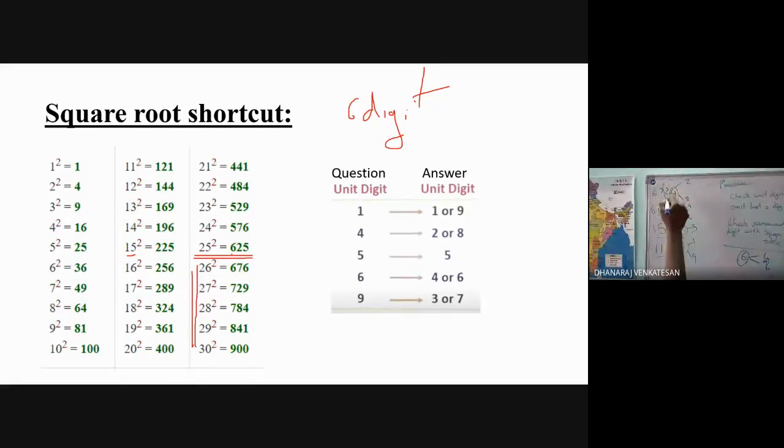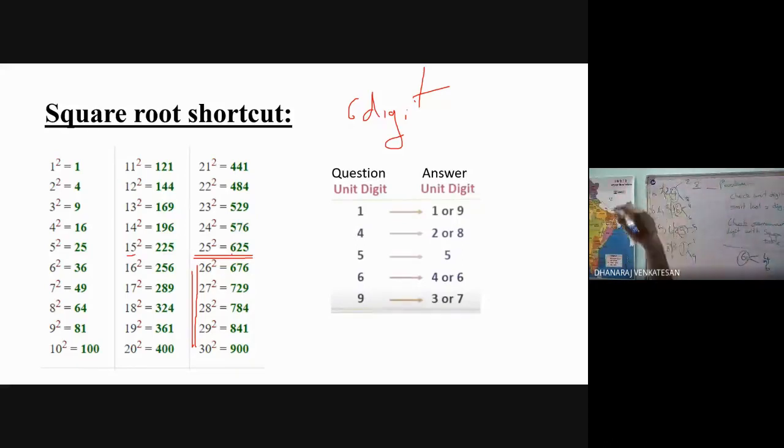Next, you have to omit the last two digits. I'm omitting all the last two digits. Here this 67 will come between square table values. Can you guess? Between 8 square and 9 square. 8 square is 64, 9 square is 81. Between that it will come, so the first digit will be 8.